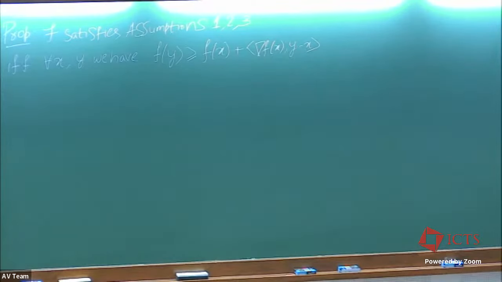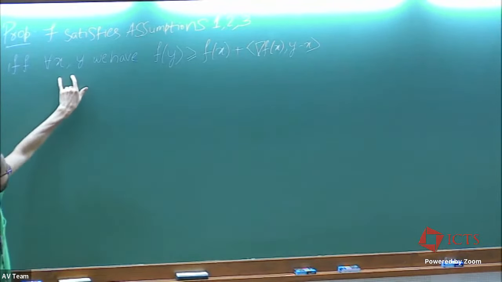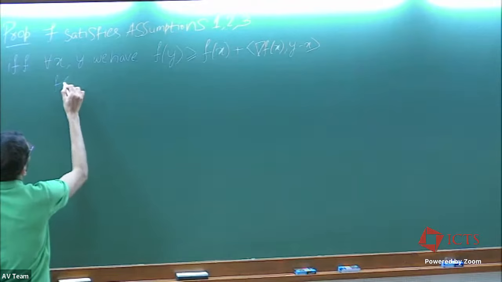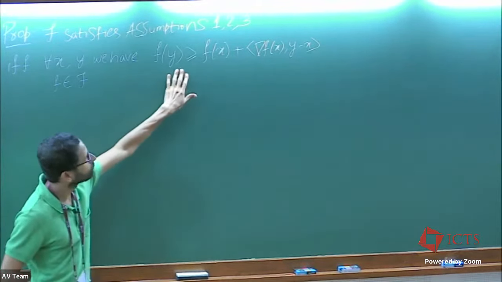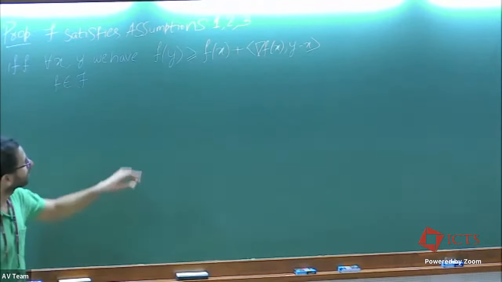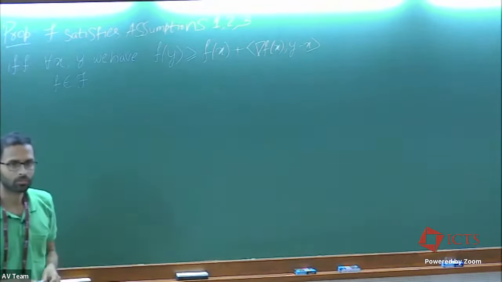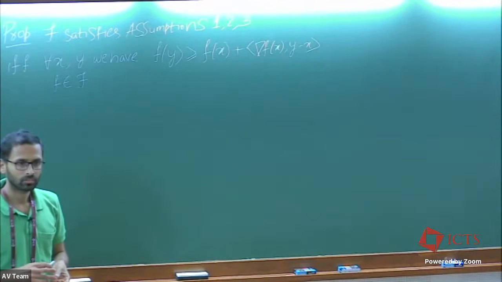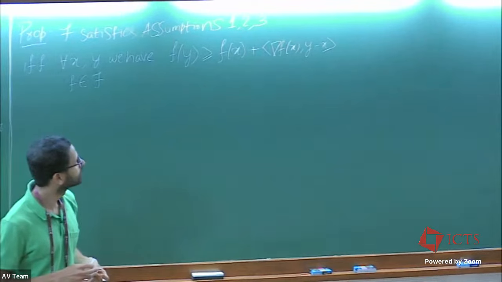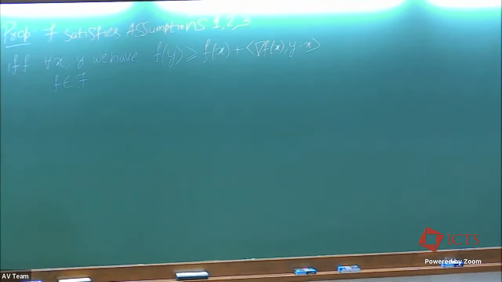So the proposition is that any function class F that satisfies these assumptions does so if and only if, for every x and y and for any f in the function class, f of y is greater than or equal to the first order Taylor expansion of f taken at x. And the proof is actually quite simple.